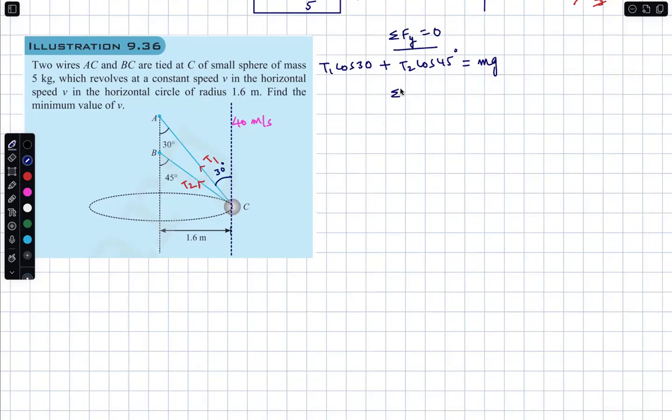Similarly, if you take sigma Fx, the two tension components are responsible for maintaining the pseudo force, which is m L omega square. So T1 sin 30 plus T2 sin 45 is m L omega square.